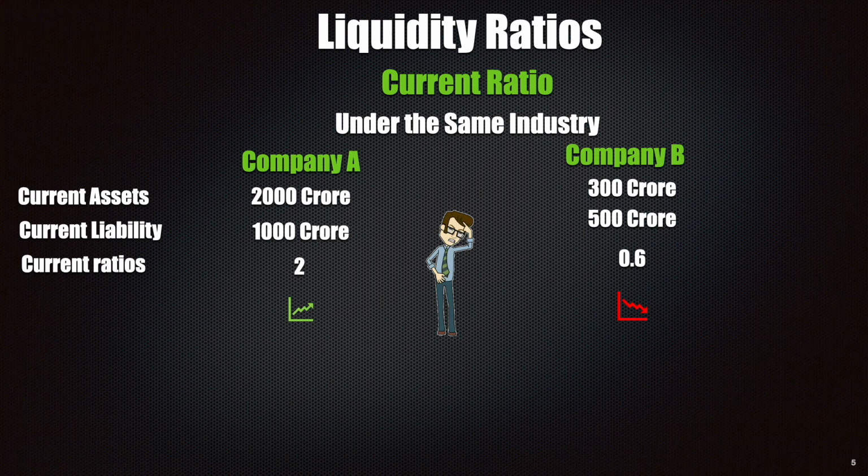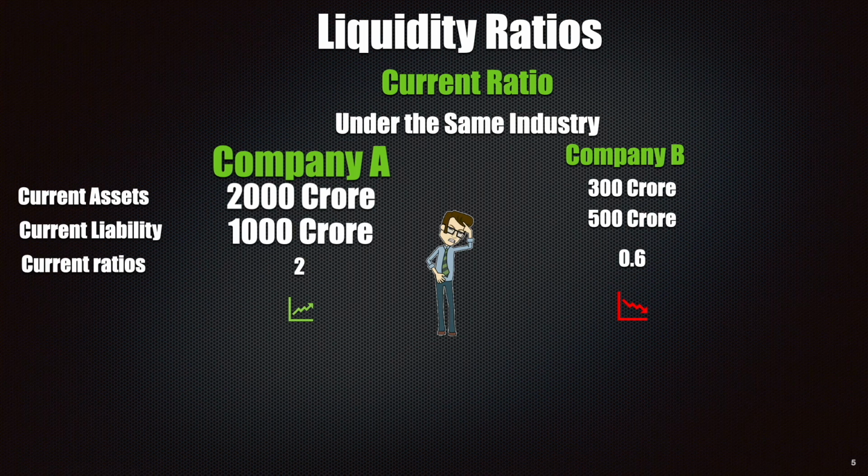I'm comparing company A with company B and assuming that both companies work in the same sector or industry. So company A has current assets of 2000 crores, whereas its current liabilities stood at 1000 crores. So it has a current ratio of 2. That means for every 1 rupee of liability, company A has 2 rupees of current assets.